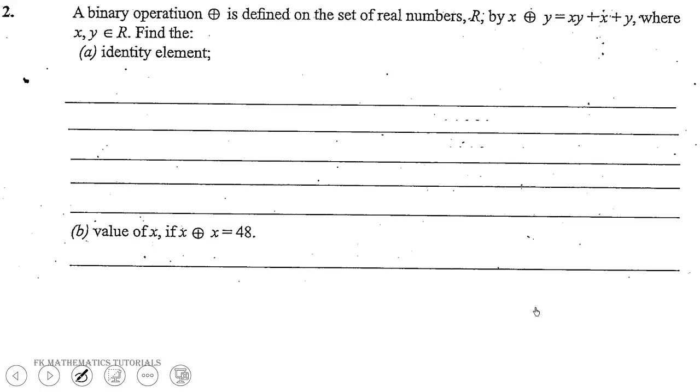Now question 2 says a binary operation ⊕ is defined on the set of real numbers R by x ⊕ y is equal to xy plus x plus y, where x, y belong to the set of real numbers. Find the identity element. So we let E be the identity element.